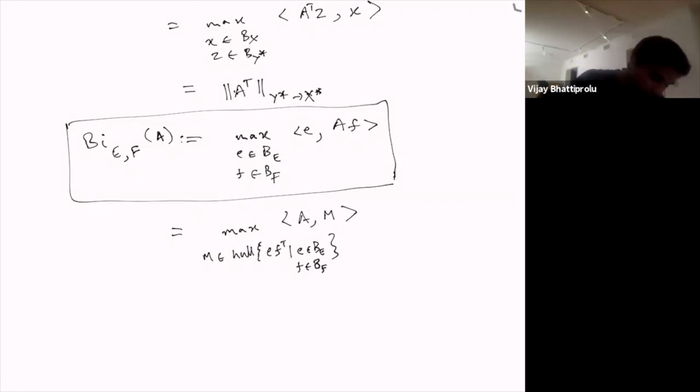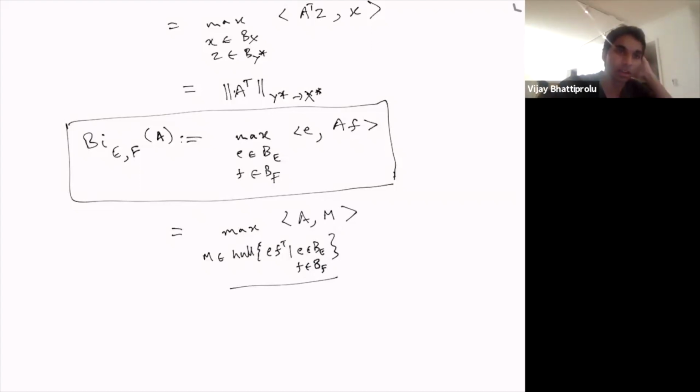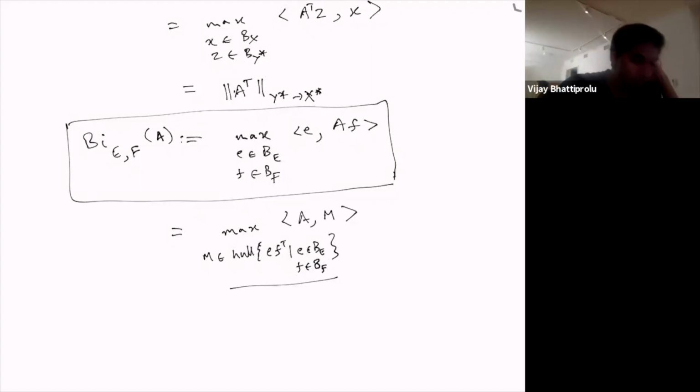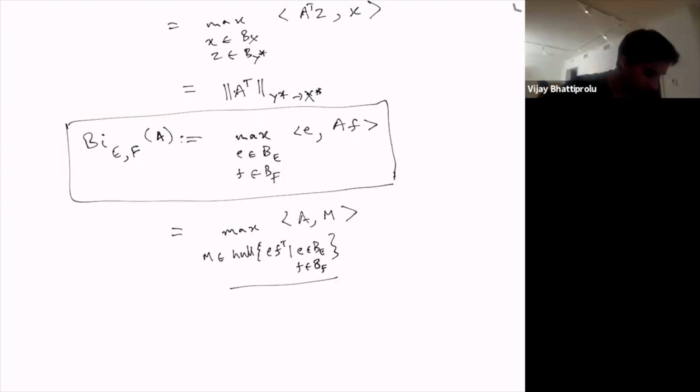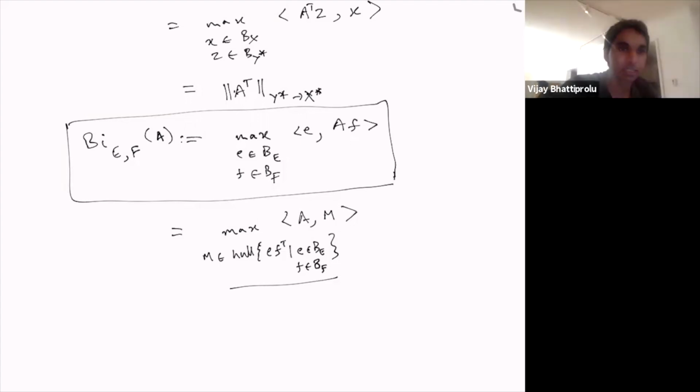But now we notice that this set, the hull of E F transpose, the hull of unit vector outer products, is an origin symmetric convex body. Therefore, this must be the unit ball of the dual norm of bilinear maximization.